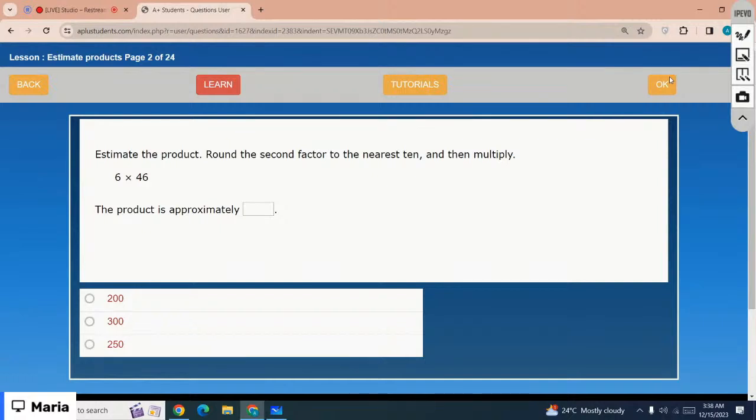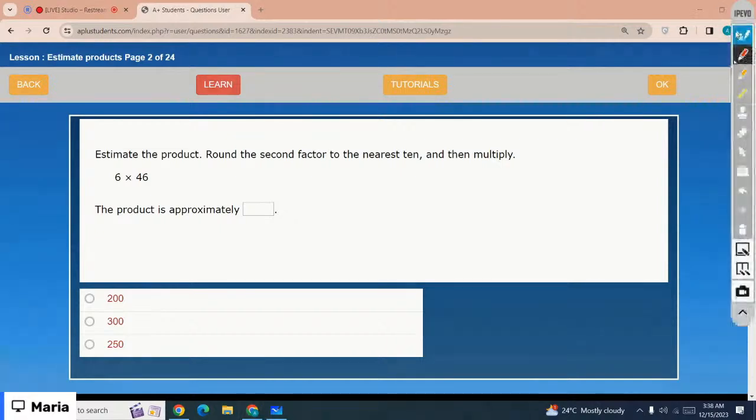How? 46, right? The digit 4 is at the tens position, right? And on the right hand side, you have 6. 6 is greater than 5. You need to round to the next 10, right? The next 10 is 50. You need to round up. So 6 times 5 is 30, that is 300. The correct option is 300.